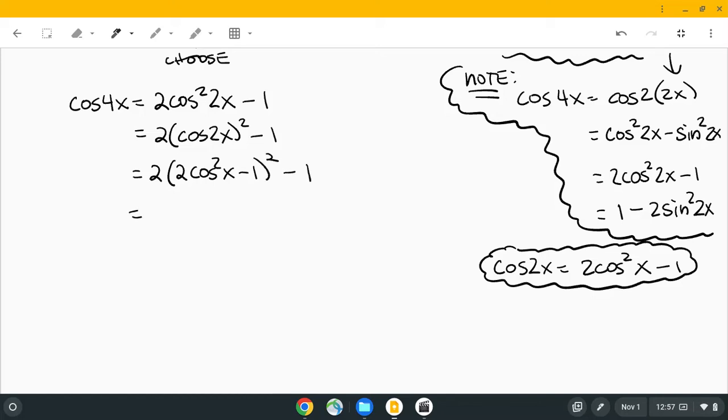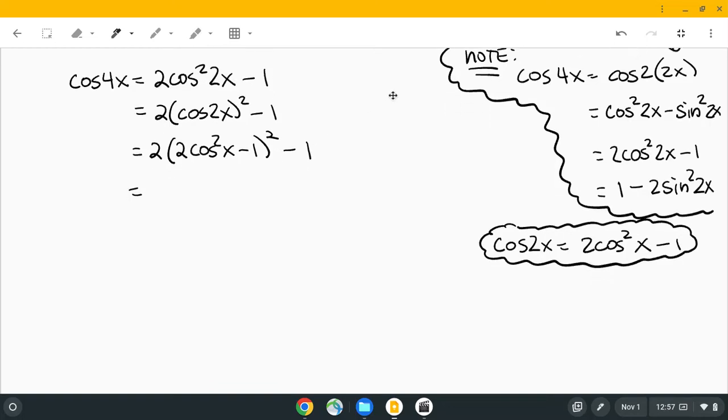Now I'm going to go ahead and multiply this out. Square the first term, 4 cosine to the fourth x, minus double the product, so 2 times 2, 4 cosine squared x, and then square the 1.